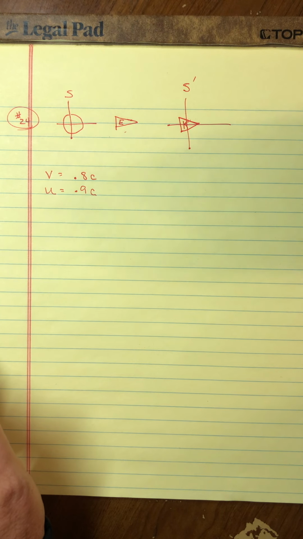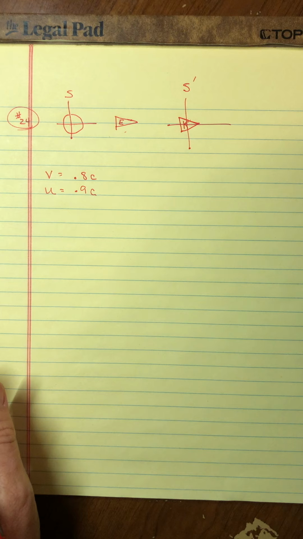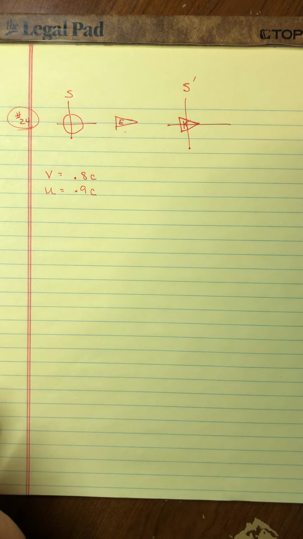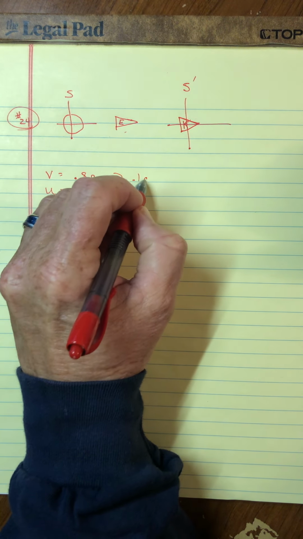Observers on the Earth measure the Enterprise to be overtaking the Klingon ship with a relative speed of 0.1c. Now, I don't know if that's really important. That's just the difference between them, 0.1c.